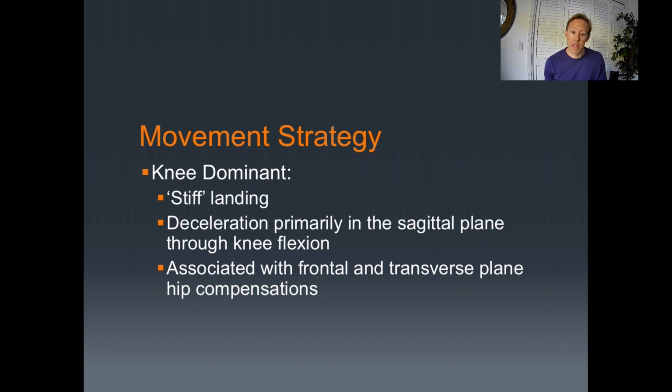Because they end up running out of room, their ankle dorsiflexion will usually be a limiting factor, and we'll see more compensations into the frontal and transverse plane, so you'll often see their knees come together as they run out of space to move in the sagittal plane. As their ankle dorsiflexion is maximized, they'll look for somewhere else to get movement, and most of the time you'll see their knees collapse inwardly. We also see decreased trunk flexion, like on the last image.